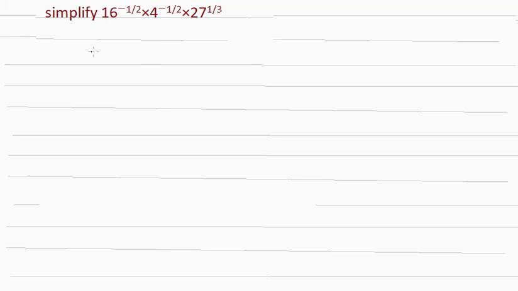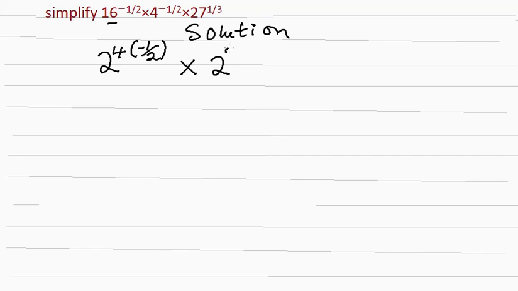Of course, to solve this, what I can do is, solution: I'm going to write 16 as 2 raised to the power of 4, bracket open, minus 1 all over 2, times 4 is 2 raised to the power of 2, minus 1 all over 2, then times 27 is 3 raised to the power of 3 times 1 all over 3.